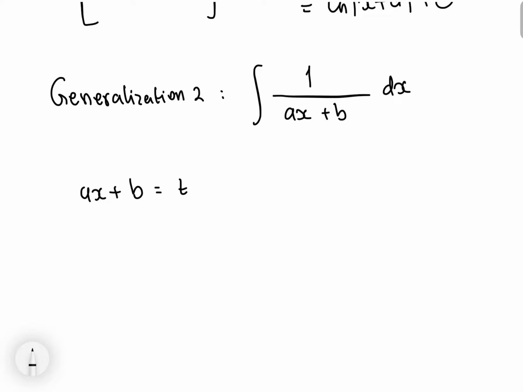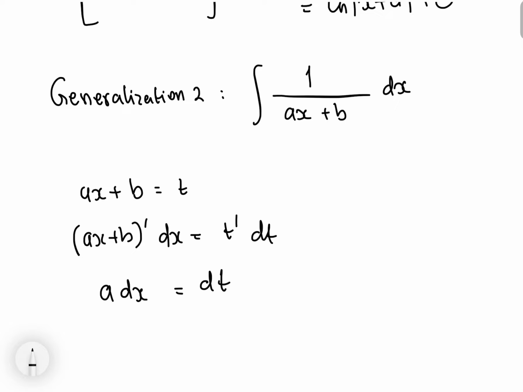Now, the difference here is that x is not anymore alone. There is a coefficient. So the derivative of ax plus b times dx equals the derivative of t times dt. This here is a dx equals dt. And dx is therefore 1 over a dt.